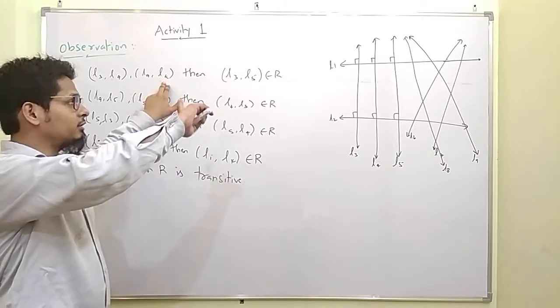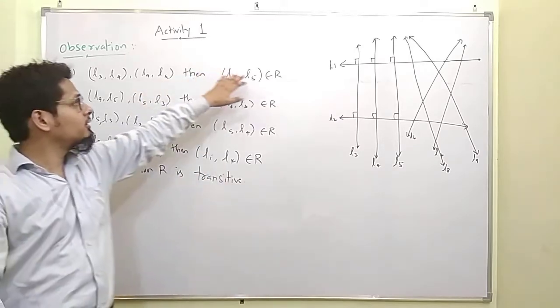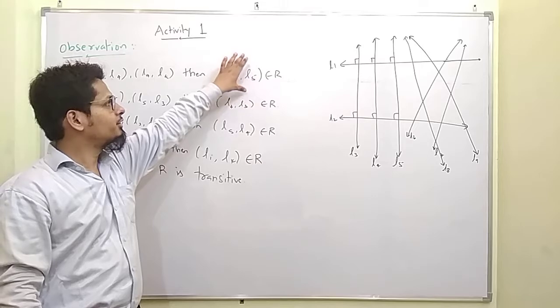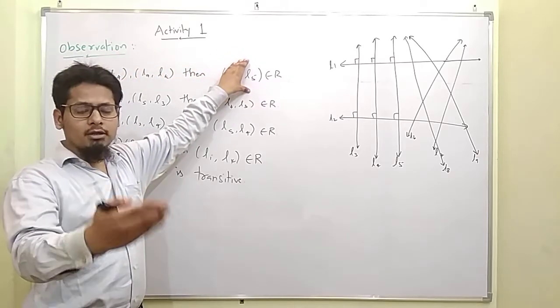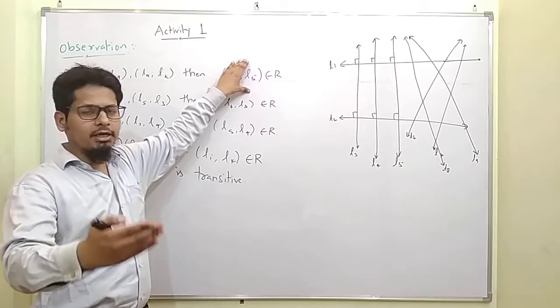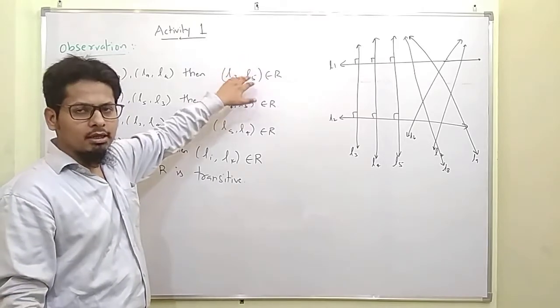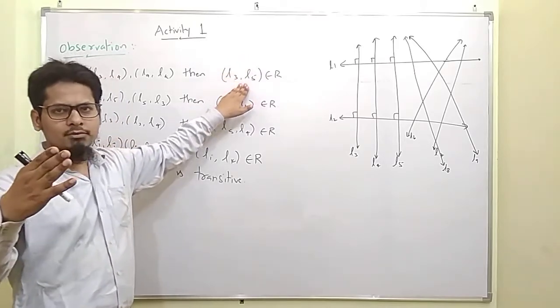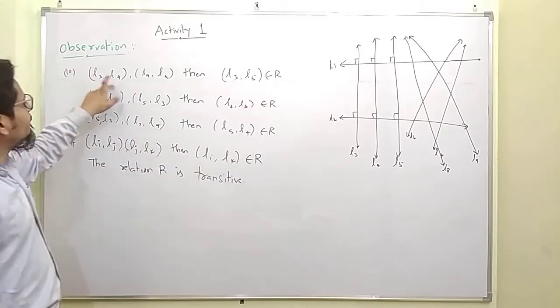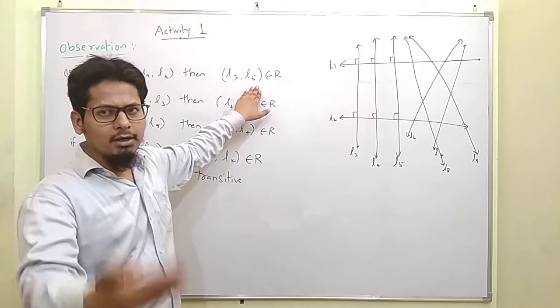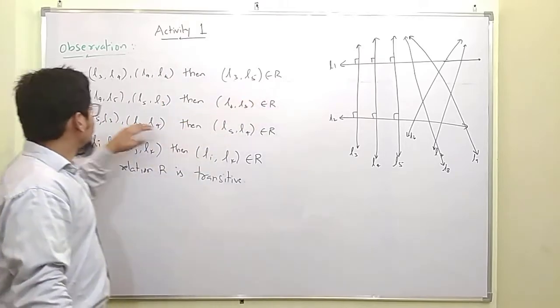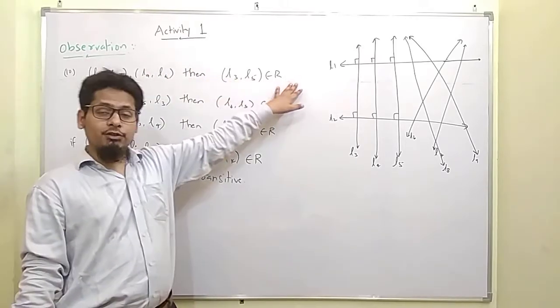Then L3 is also parallel to L5. This third condition we must get, it is to be checked. Both should be given, it should be present. Okay, when you check, you must get this. If this is not found, it means the relation is not transitive. But here 3 and 4, 4 and 5, 3 and 5 are also found. Okay, come to the next pair.